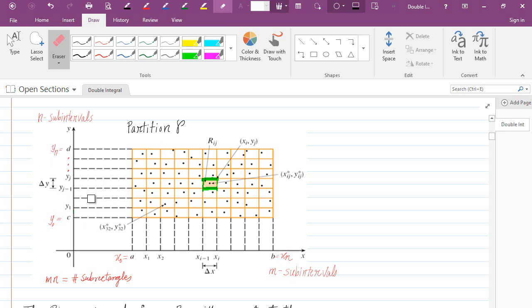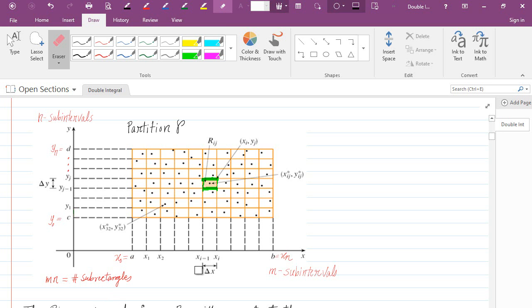After we draw these horizontal lines, they will divide the region R into n horizontal pieces. So we have n horizontal pieces here and m vertical pieces here. Together they divide the rectangle R into m times n subrectangles. Okay, so those are our tiny pieces.